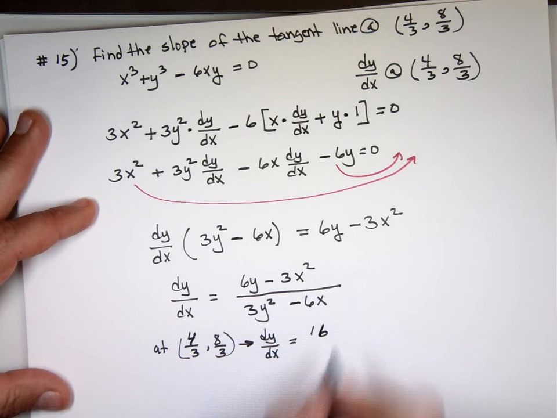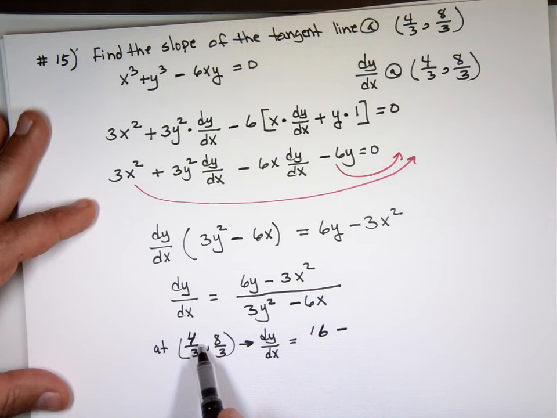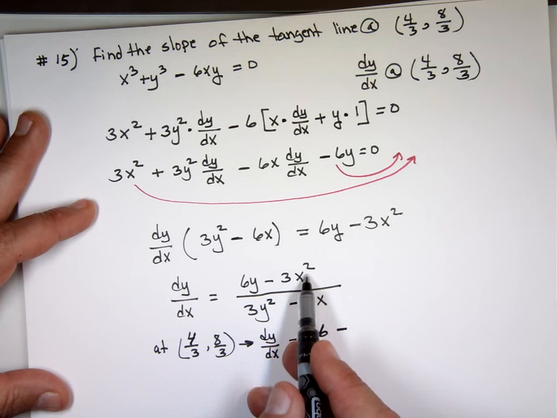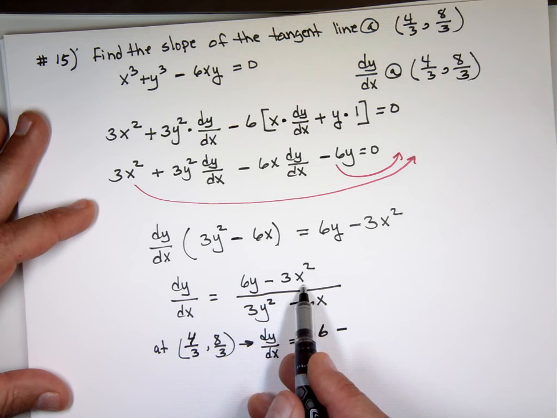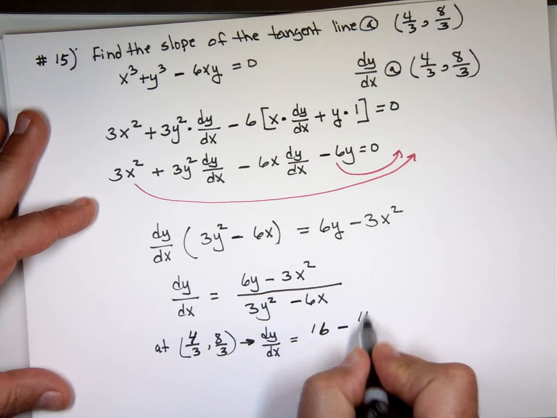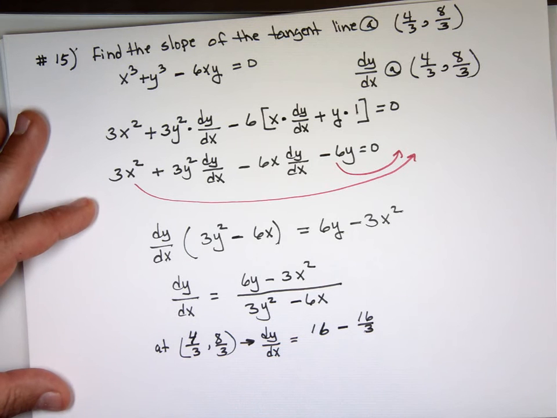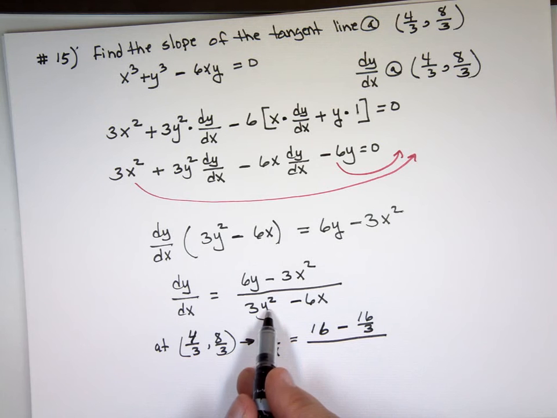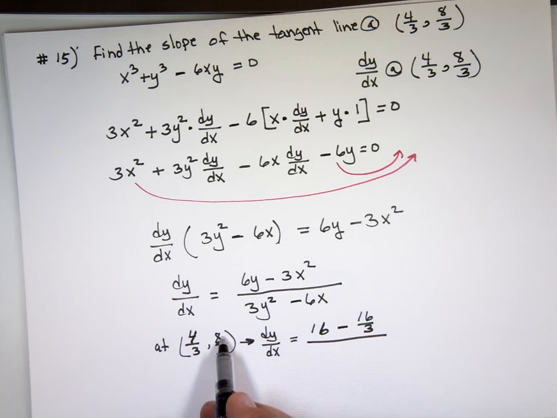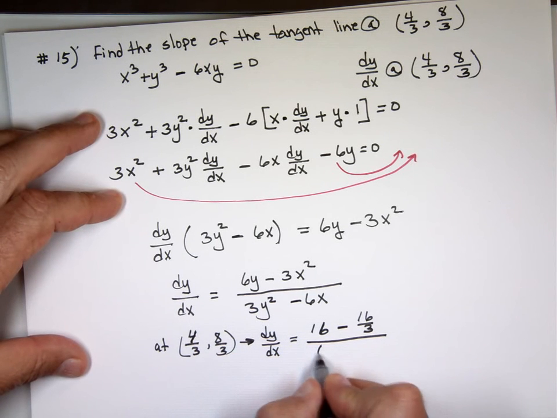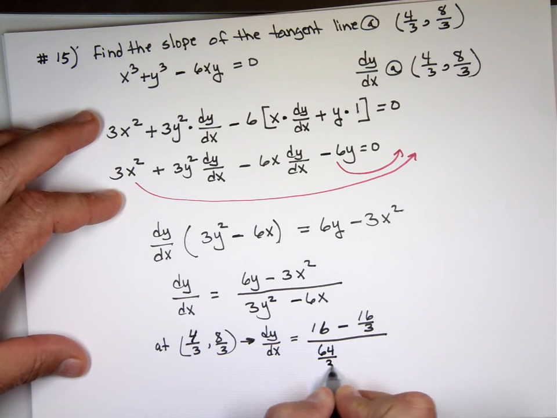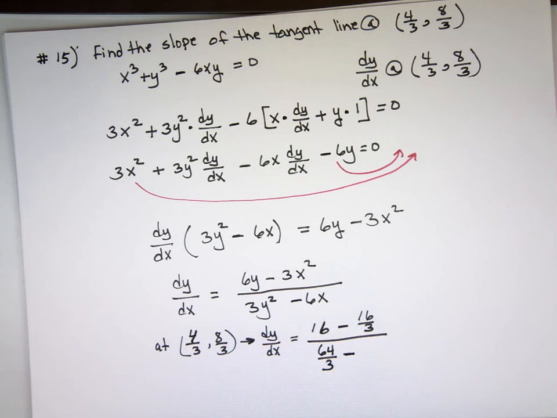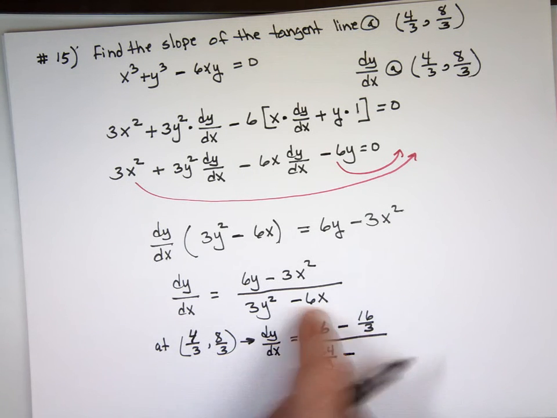Minus, I think that's 16/3, because that'll be 16/9 times the 3, that's 16/3. This will be 64/9 times 3, 64/3. Six x, 6 times 4 is 24, divided by 3, is that 8?